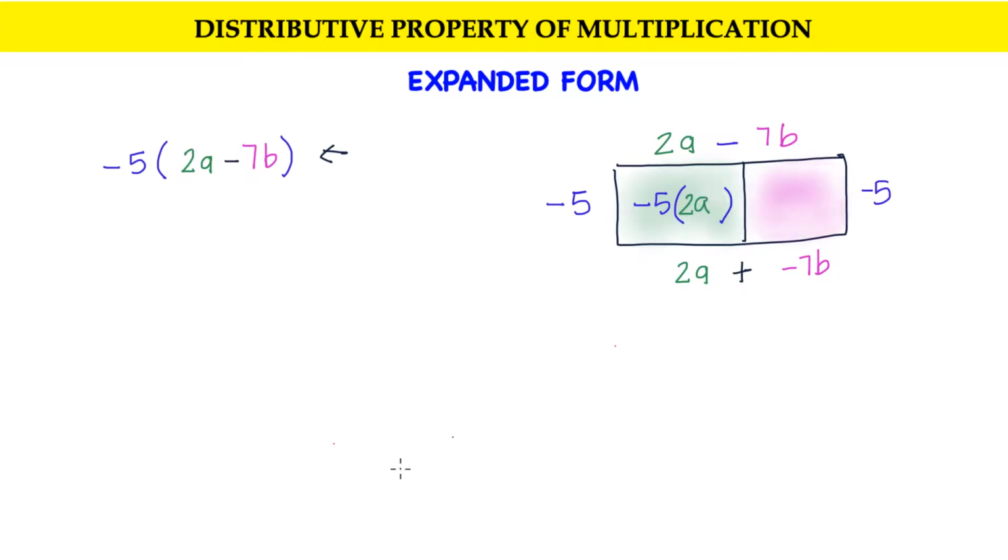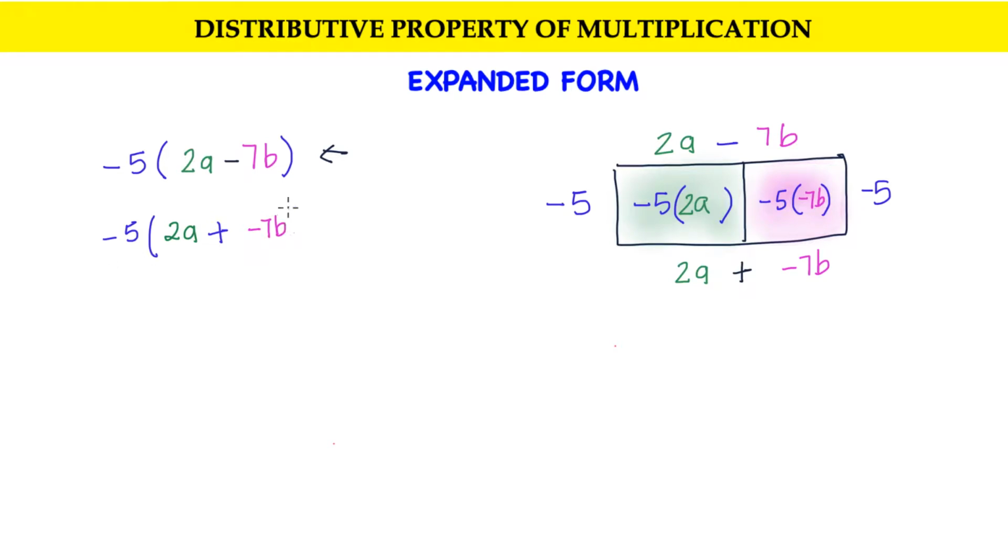And the area of the pink rectangle is -5 times -7b. So what we did is we rewrote the subtraction as adding the opposite. The 2a stays as it is and the minus becomes plus, and instead of 7b we have -7b.